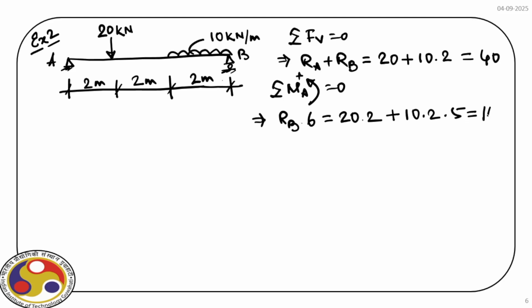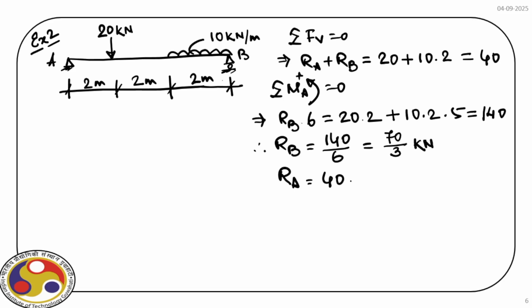So it is 140. That means RB is equal to 140 divided by 6, so we have 70 divided by 3 kilonewton. So RA is equal to 40 minus 70 by 3, so we have 50 by 3 kilonewton.